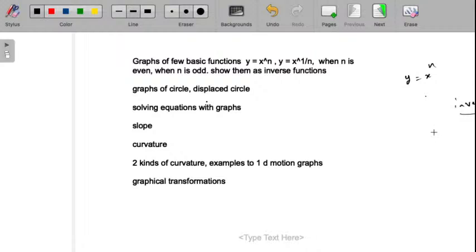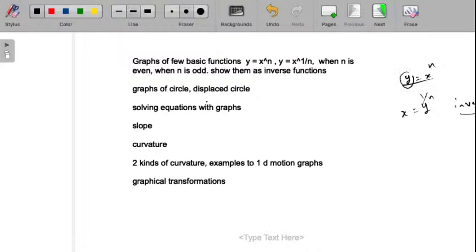Inverse function would simply mean that for the corresponding value of x, if I substitute the output of one function, if I substitute the output y equals x power n, I know that x corresponding to that is supposed to be y power 1 by n.